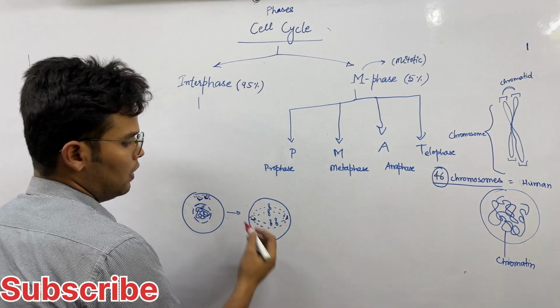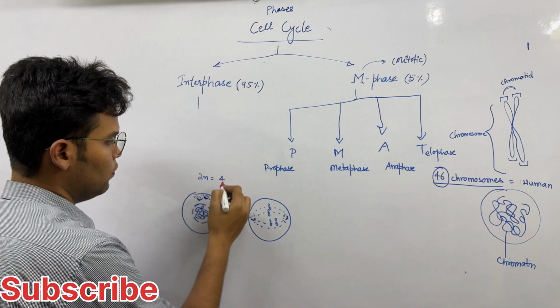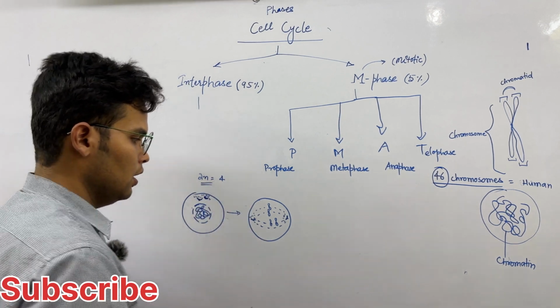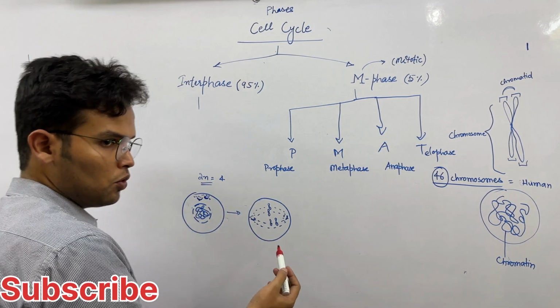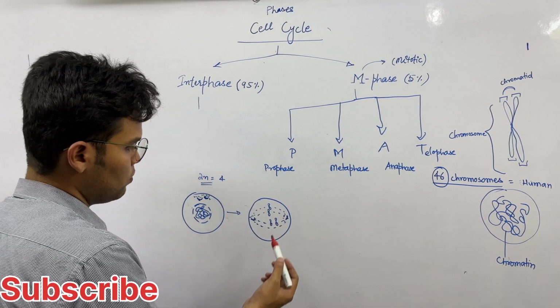Okay, let's suppose I am taking 2n equals 4 for this example. So there are 4 chromosomes, or the diploid condition of this cell has 4 chromosomes.